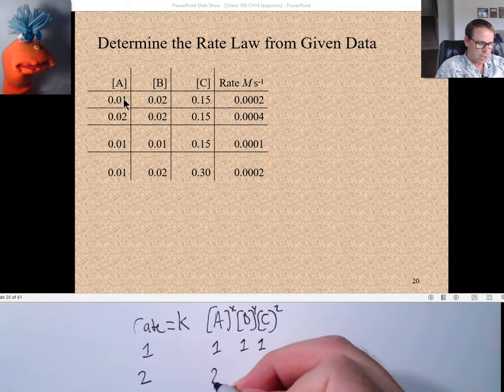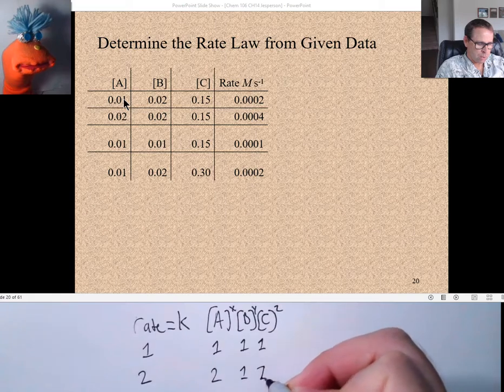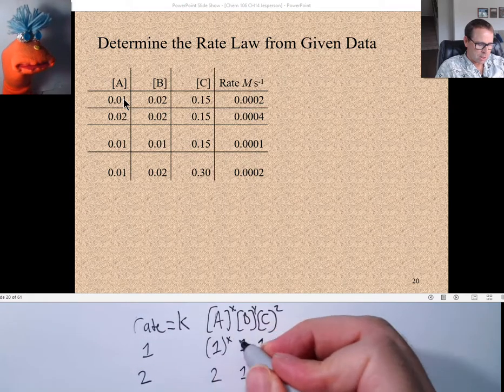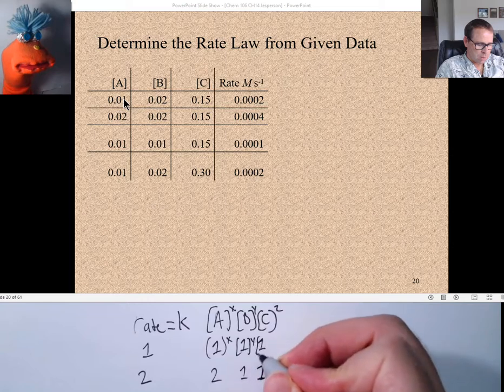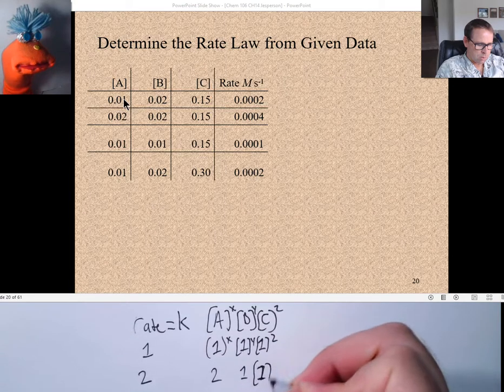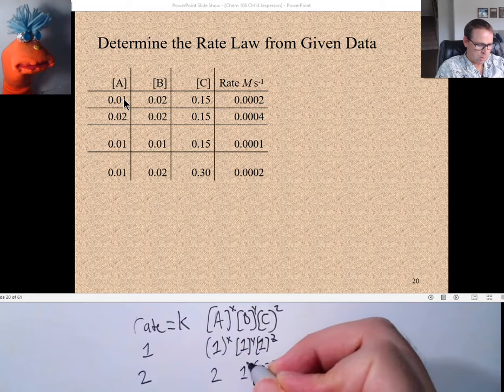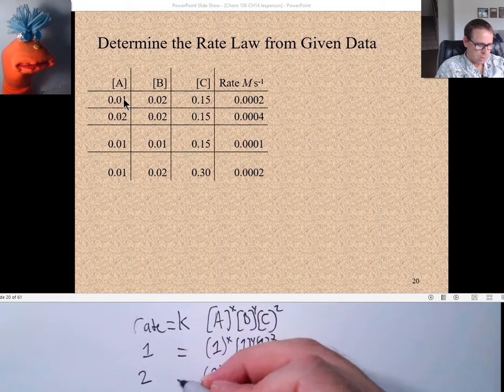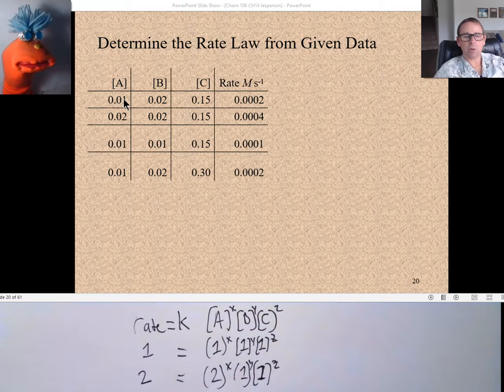Then the concentration for the second one is 2, 1, and 1, right? And now, again, X, Y, and Z. k is going to be the same number for both of those.